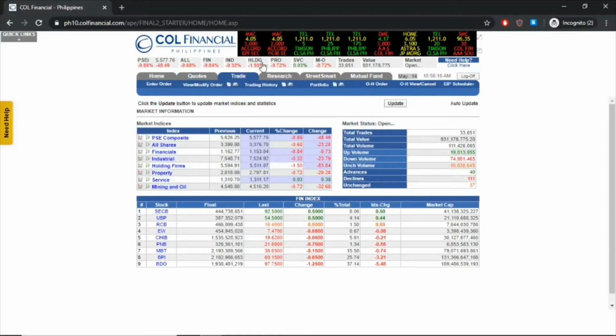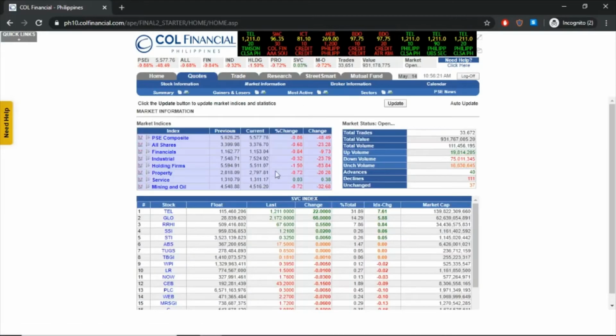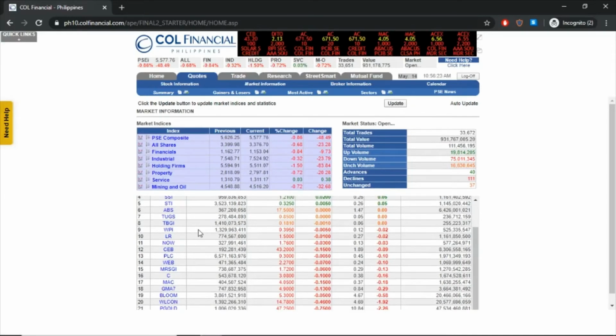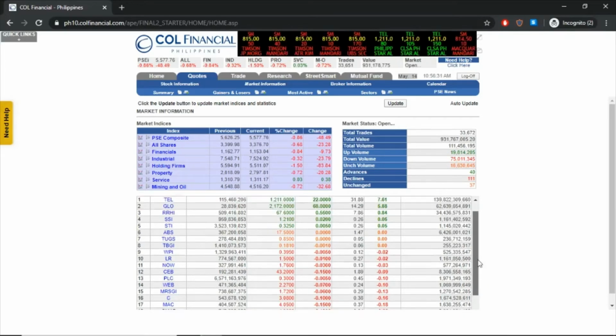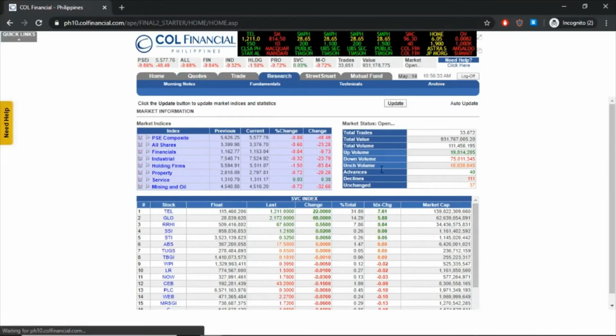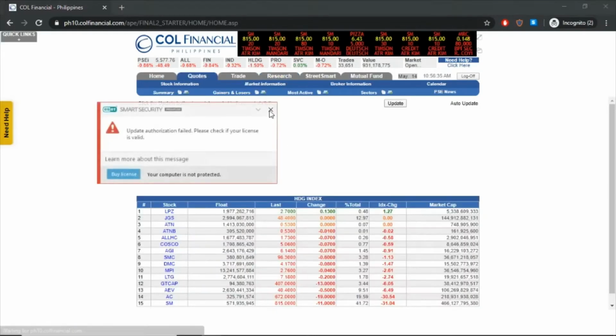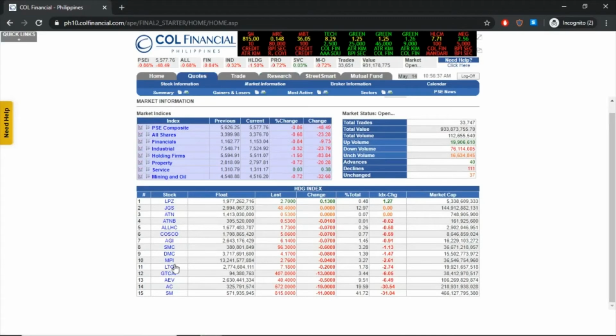If I click on services, you would see the stock list here also. We have GMA 7, Web, WPI, TBGI, ABS. If I go to holdings, you would see the LTG, SM. We also have the properties.